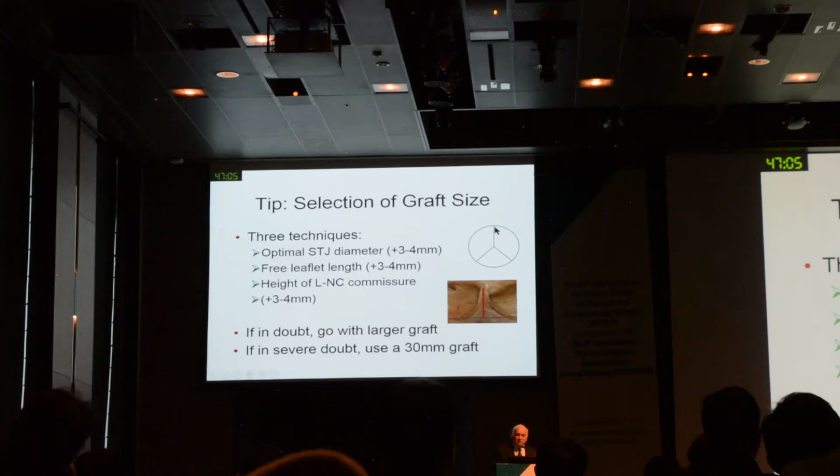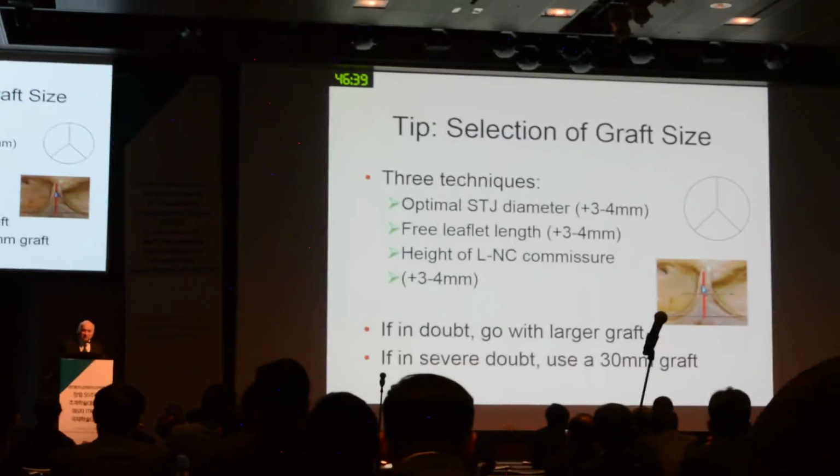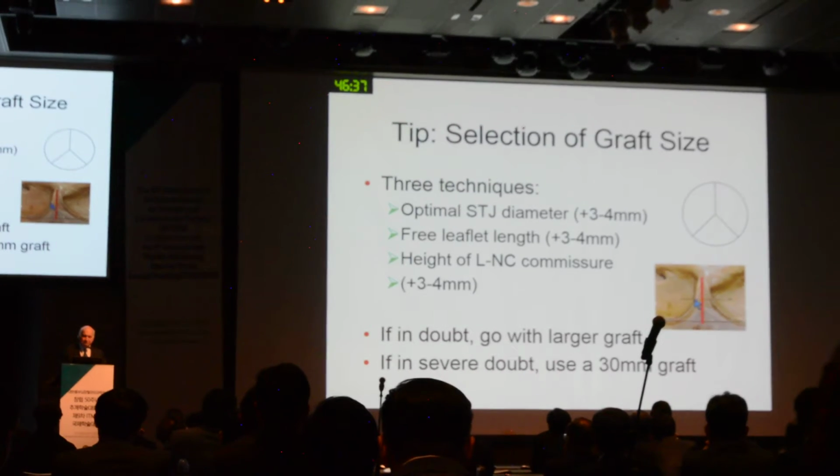You can measure the free edge length of the valve. That is the diameter. And you can measure that and add 3 or 4 and use that as the graft size. And El Khoury in Belgium also describes measuring the height from the bottom of the sinus to the top of the commissure in the left and non-coronary commissure.